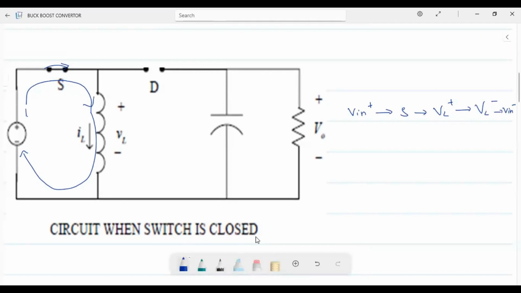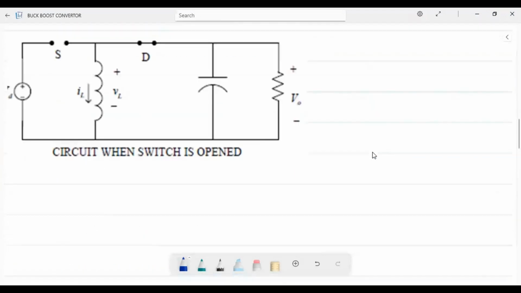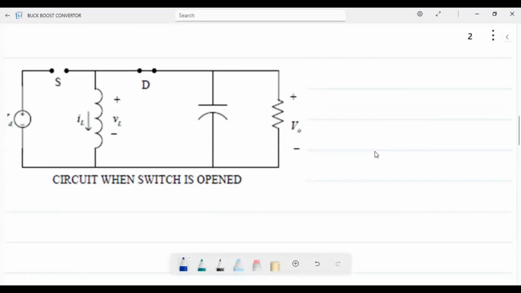This will be the current path. As the switch is closed, the inductor charges, the top polarity will be positive and the downside polarity will be negative.